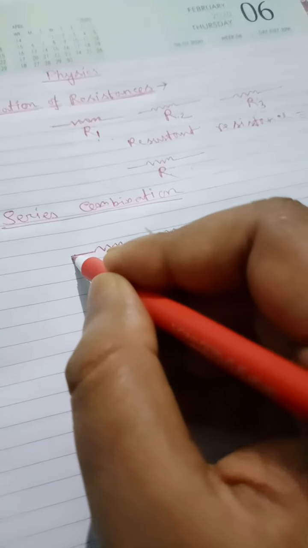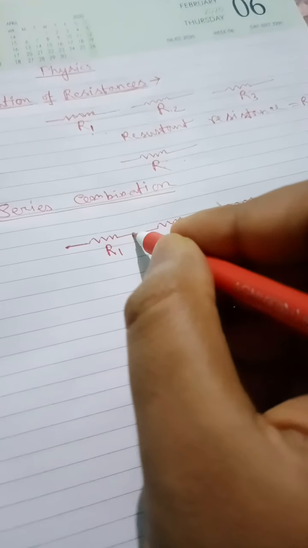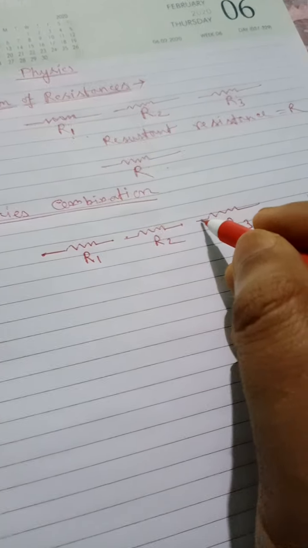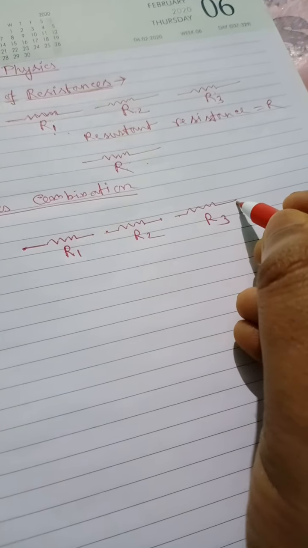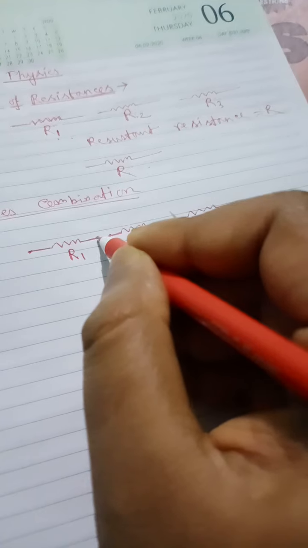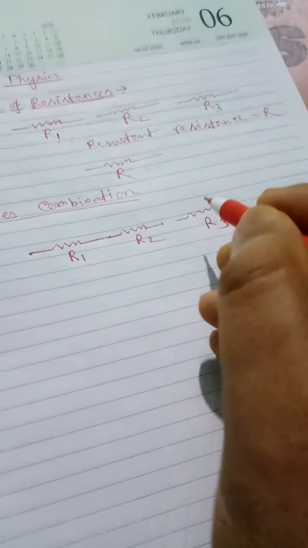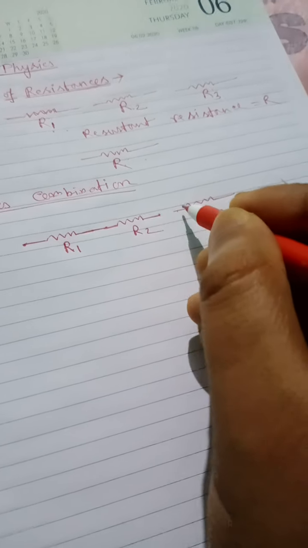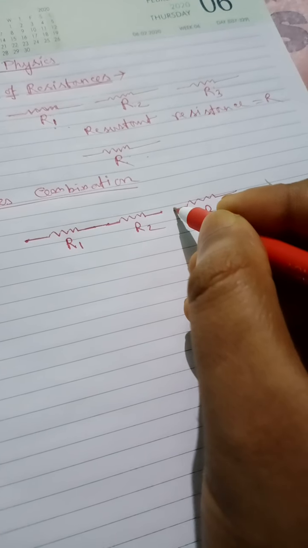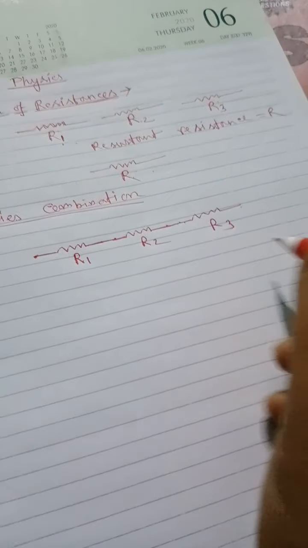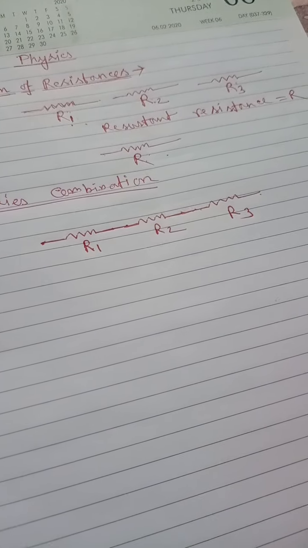So this is the starting point of R1, ending point of R1, starting point of R2, ending point of R2, starting point of R3, ending point of R3. If the ending point of R1 is connected with the starting point of R2, and similarly the ending point of R2 is connected with the starting point of R3, then this type of combination is known as the series combination.